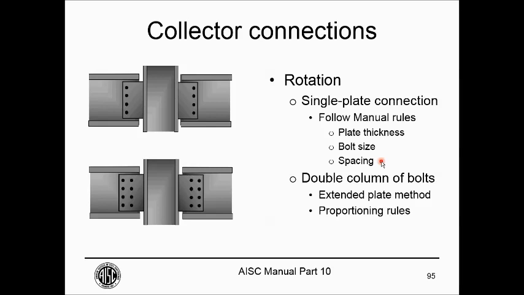There are also rules for this double column of bolt configuration. That's the so-called extended plate method. And that provides ductility not entirely through plowing of the bolts through the plate material, but also through flexural yielding of the connecting plate, and there are proportioning rules for that.